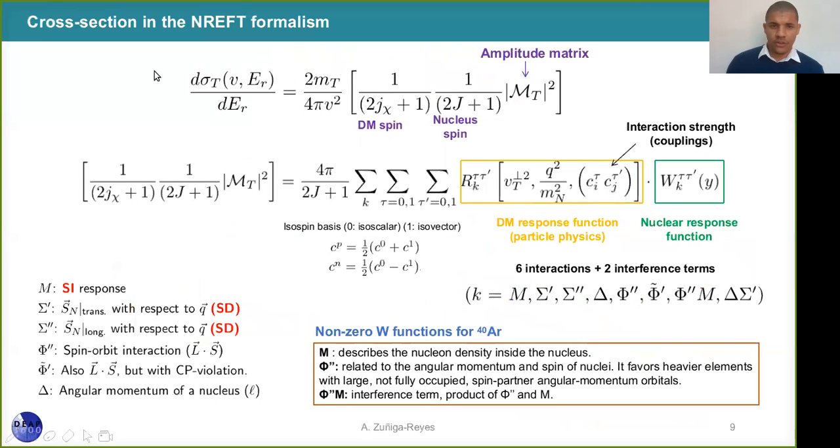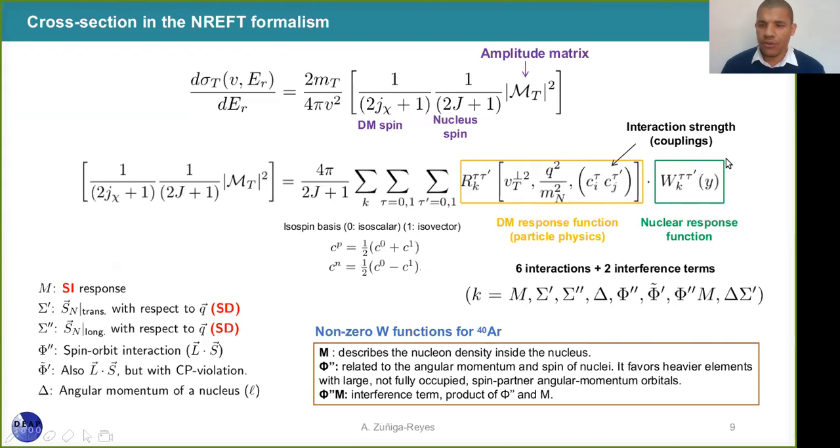But the cross section in the NREFT formalism is more complex. The matrix element, the amplitude matrix, is decomposed as a linear combination of these two functions multiplied, where the R function is the dark matter response. It depends on the velocity, depends on the momentum transfer, the interaction strength.